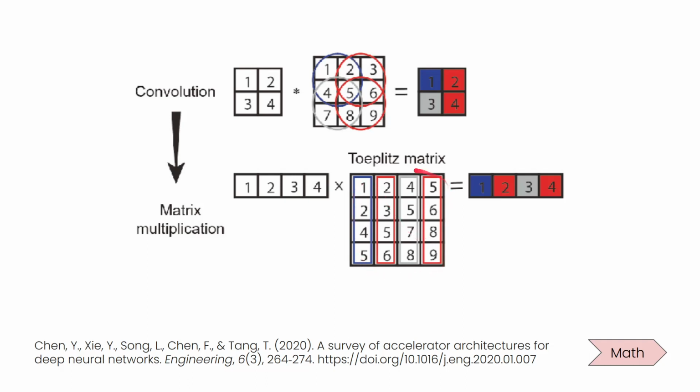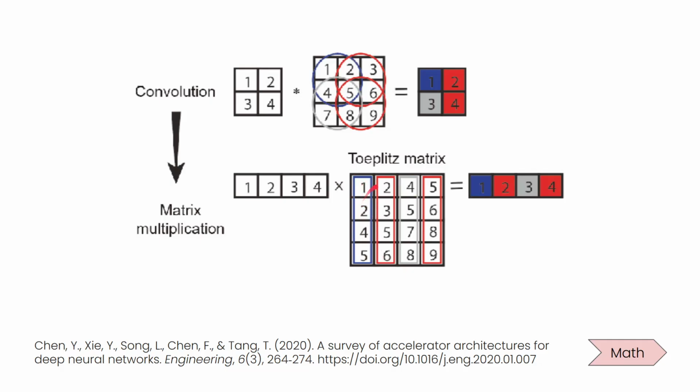What's the downside to this pretty significant benefit? Well, the downside is, as you can clearly see here, so this is the inputs. These are the inputs for the convolution. These are the inputs for the matrix-matrix multiplication. Here you have 9 numbers. Here you have clearly more than 9 numbers.